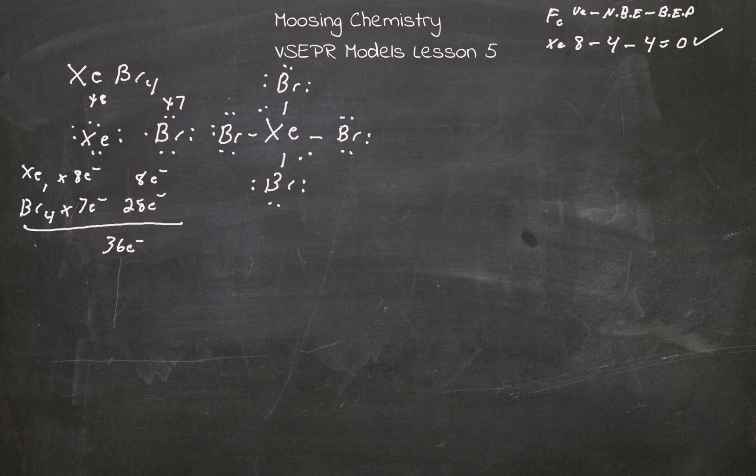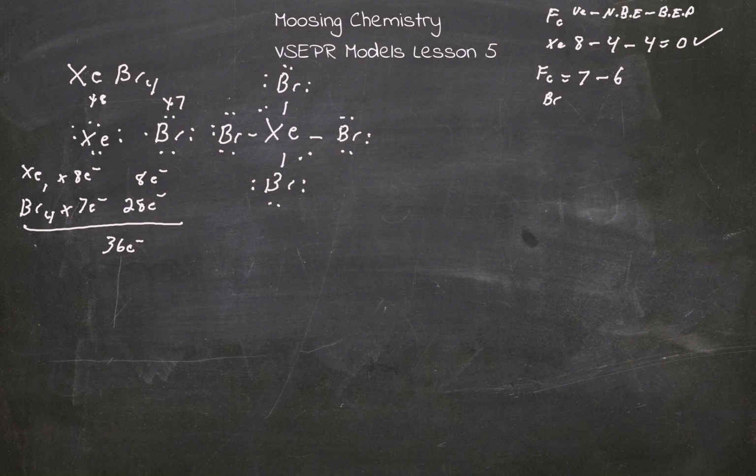Now, we don't have to check all the bromines. We can just pick one of them. It doesn't matter which one. I'm just going to pick that one, for argument's sake. So what we're going to do is put together the formal charge for bromine. Remember that bromine comes in with 7 valence electrons, minus 6 non-bonding valence electrons. You can see those right there.